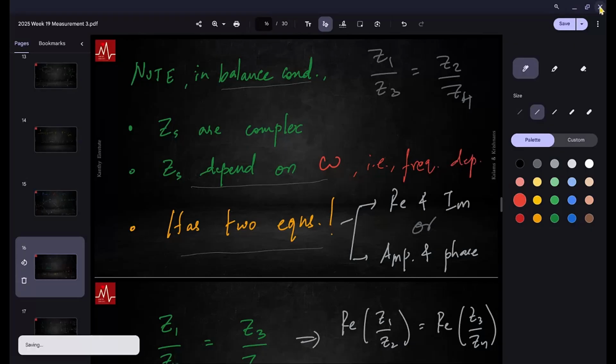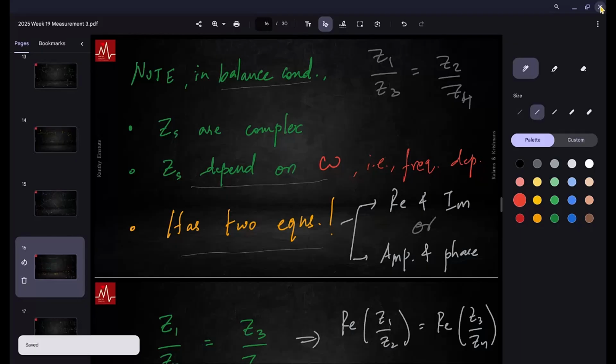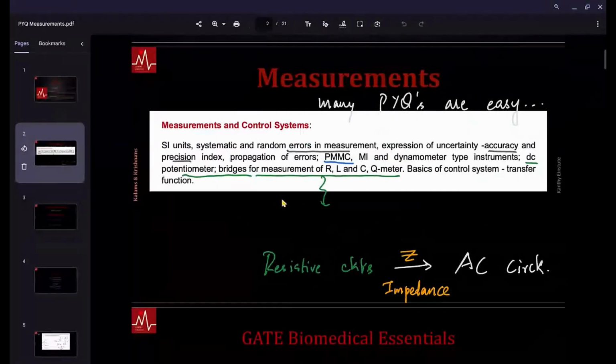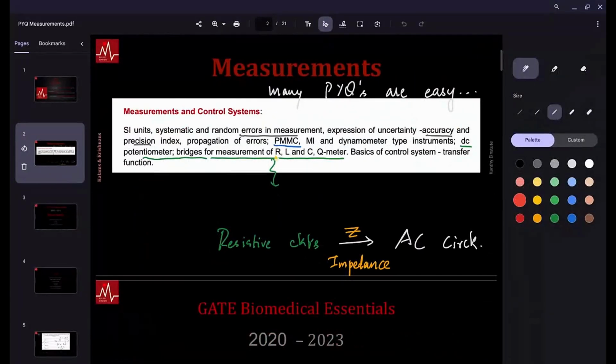Notice, most of these bridges for measurement of R, L, C, Q are all AC bridges.